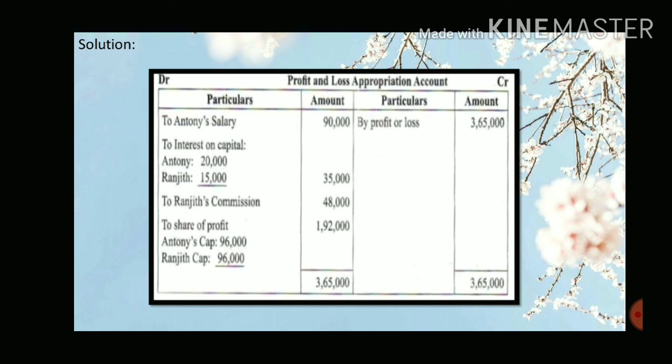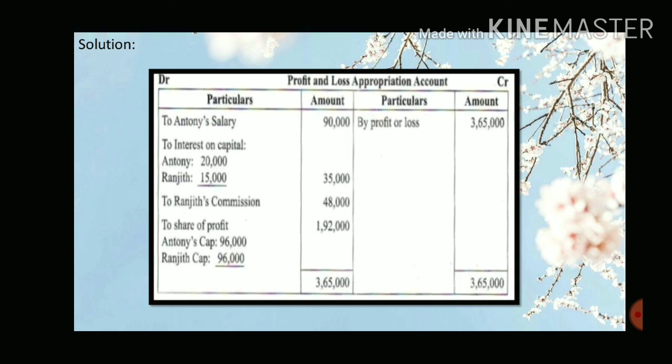In the absence of agreed ratio, the profit and loss are to be shared by the partners equally. And then second one, in the absence of agreement, no interest is allowed on capital, no interest is charged on drawings, and no salary or other remuneration is given to the partners.